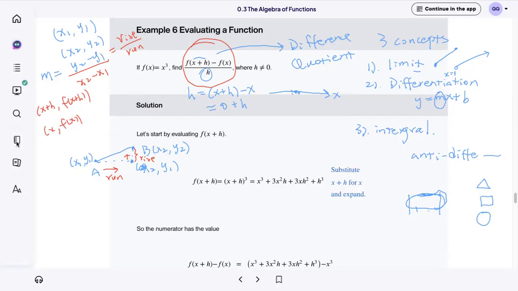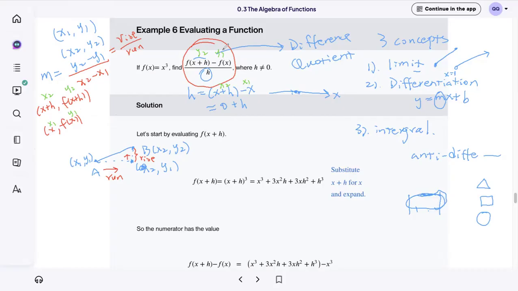So this is our y2. This is x2, y2. This is x1, y1. So we have y2 minus y1 divided by x2 minus x1. X2 minus x1, in this case, is just h.